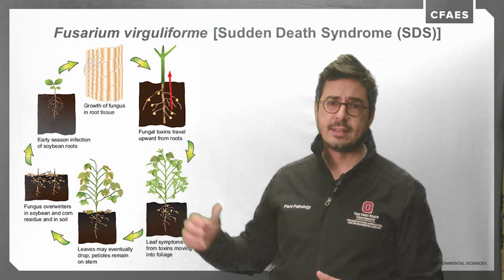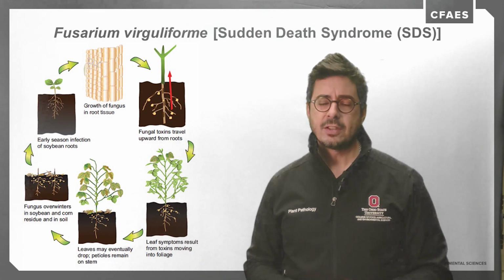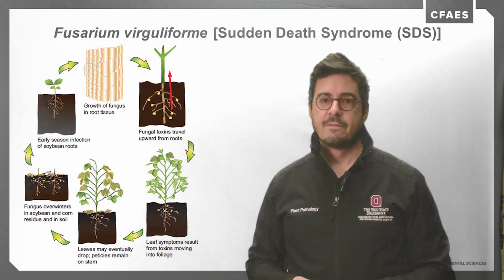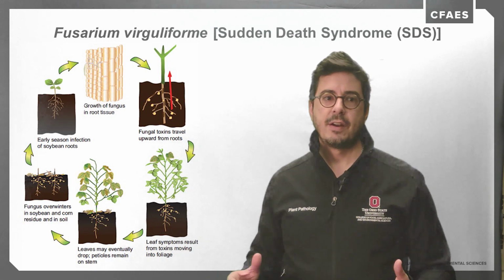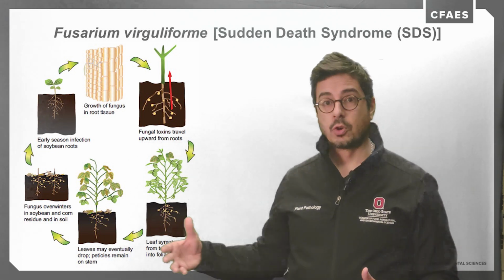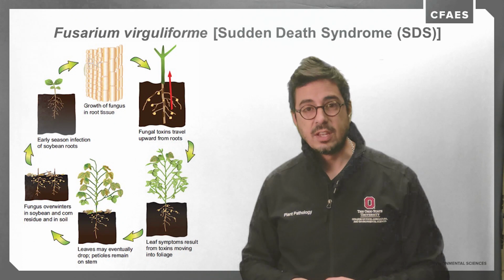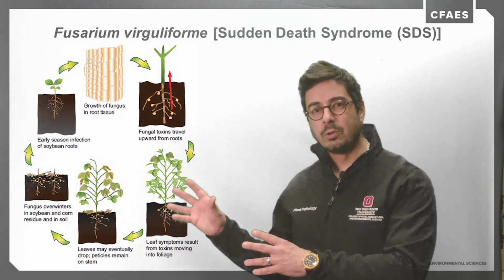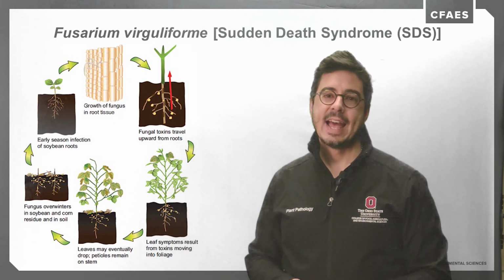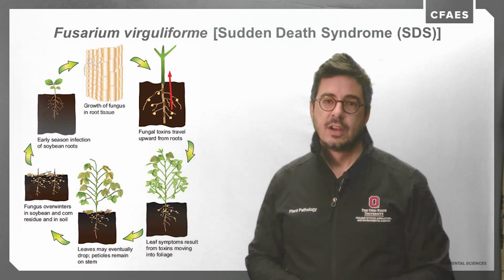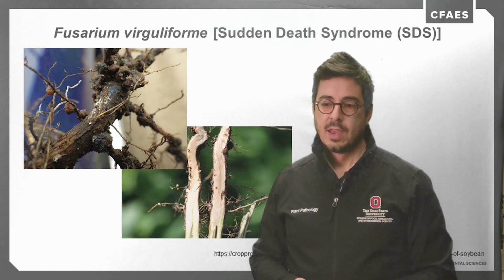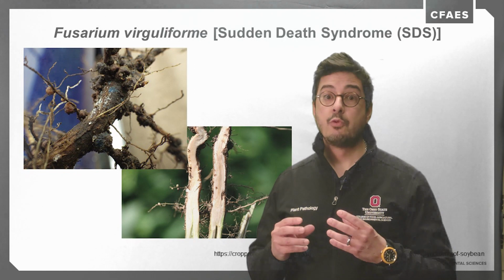And as you can see here in the disease cycle, infections really take place very early after planting. As a matter of fact, cold soil, compaction, wet conditions, but especially very cool soil, will enhance that infection early after planting. This is a root rotter.